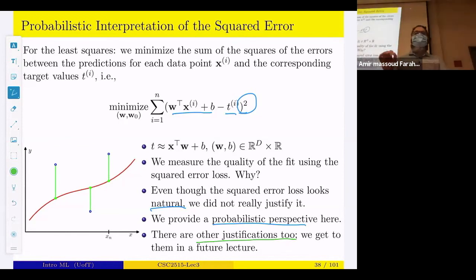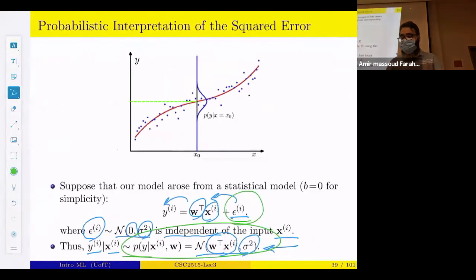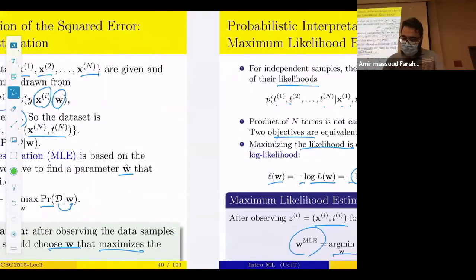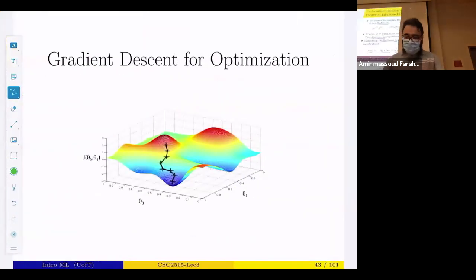You should be careful, because people may say that squared error only works for Gaussian models. This is not true. For a Gaussian model, it has a maximum likelihood estimation interpretation with a Gaussian distribution.